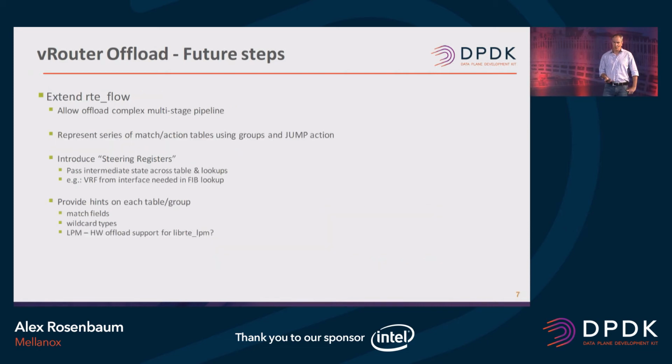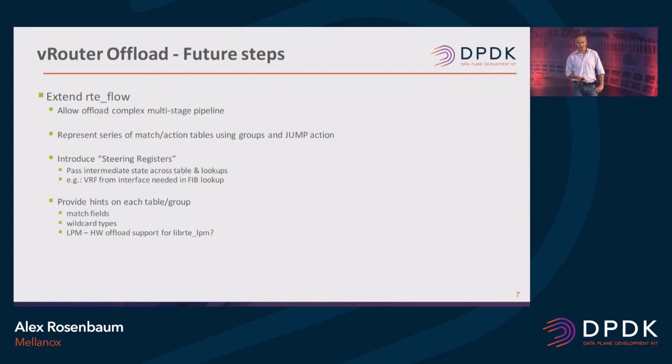So for this to work, we need to allow a more complex multi-stage pipeline in RTE flow. That's work that's being worked on in different areas. We want to allow a jump action between different tables, sometimes multiple jump actions in one go. We'll discuss this in a couple of slides.